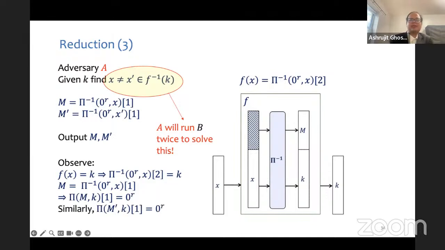And we can argue the same thing for M prime. So we have succeeded in reducing the collision finding problem to a function inversion problem. There are, of course, a lot of fine-grained details that need to be handled here for this to work out. I'll not go into those details in this talk. I'm happy to tell you more about it offline if you're interested.